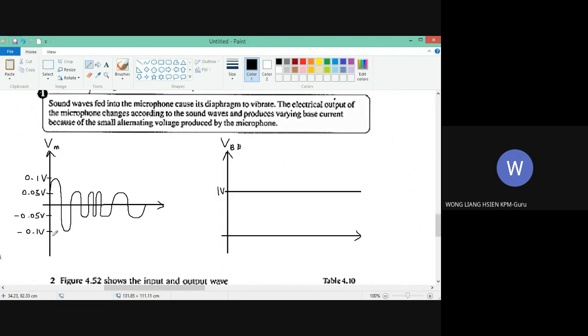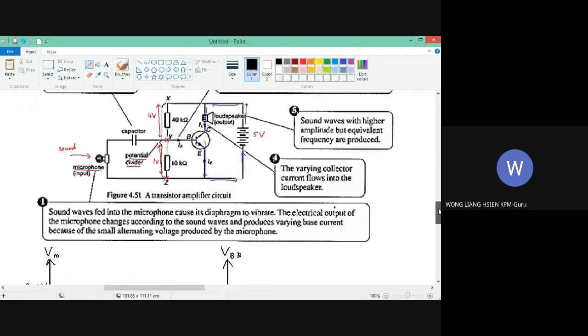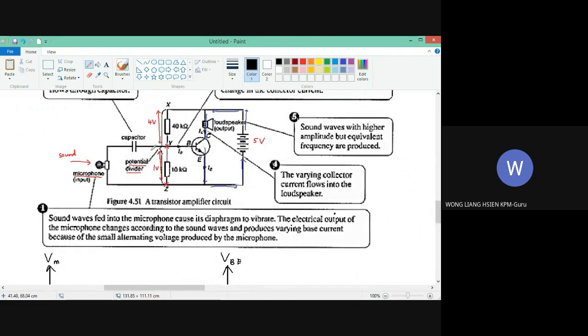For example, the voltage that is produced by the microphone is connected to this point and this point. And the voltage between base and emitter is also this point and this point.